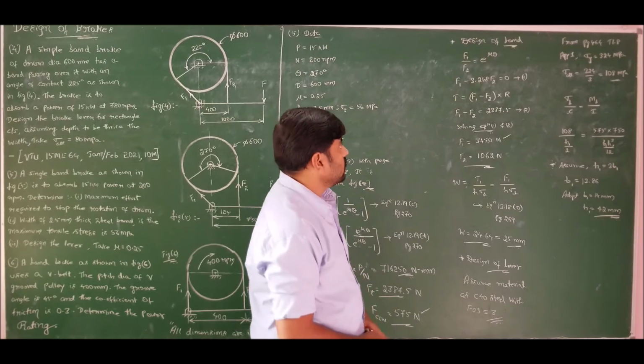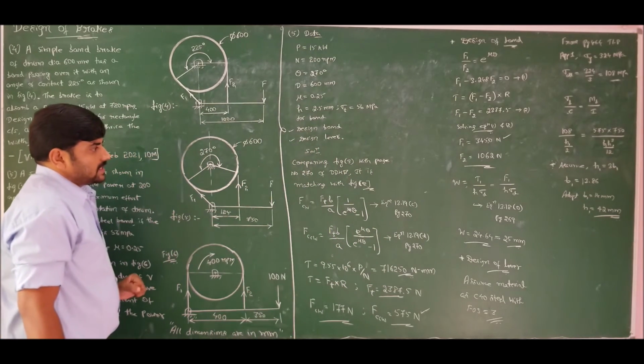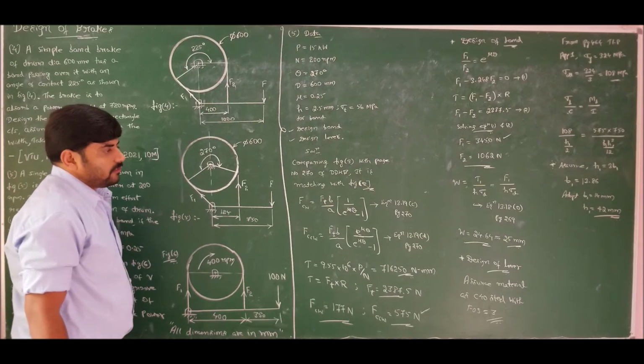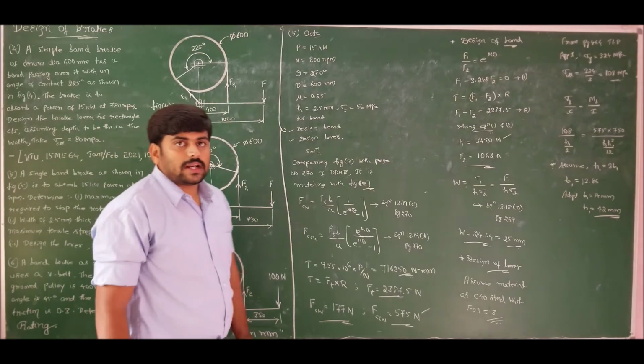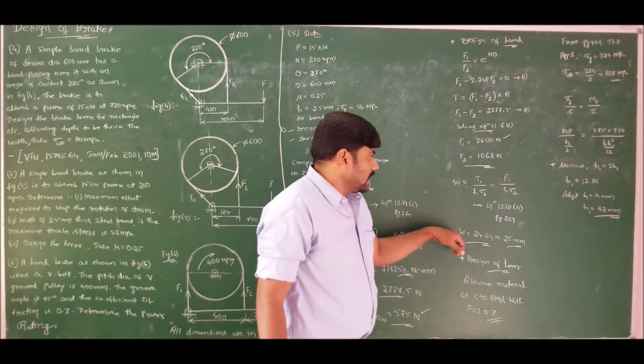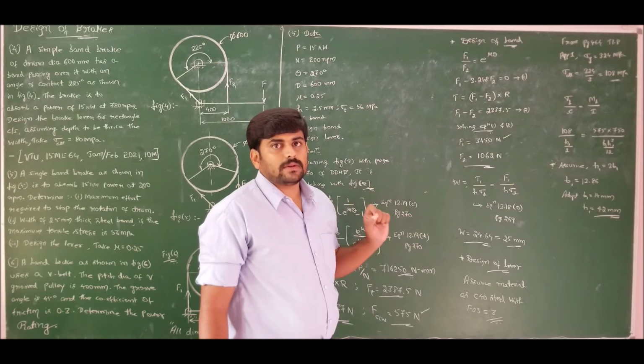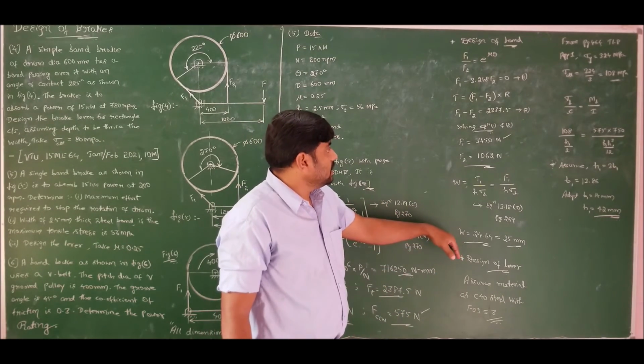Always in case of design of band for simple band brakes, we will attach this band with the help of permanent joint, that is with the help of rivets. So therefore always we assume that there are 4 rivets arranged in 2 rows with 8 mm rivet diameter. For that we will always design the band.